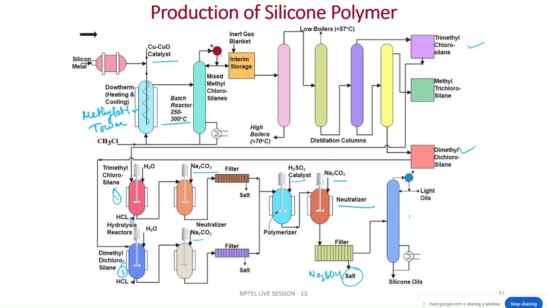Then it is sent through the distillation or fractionator, where the light oils are separated and can be further recycled, and silicone oils we get as the bottom product with higher density.